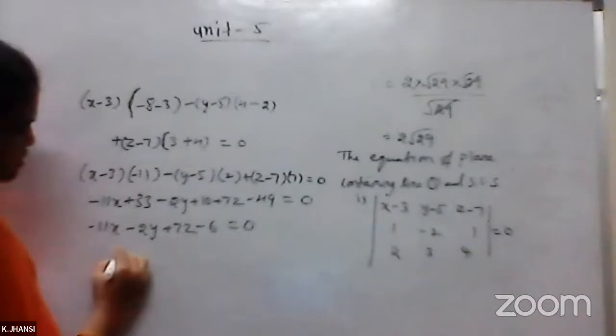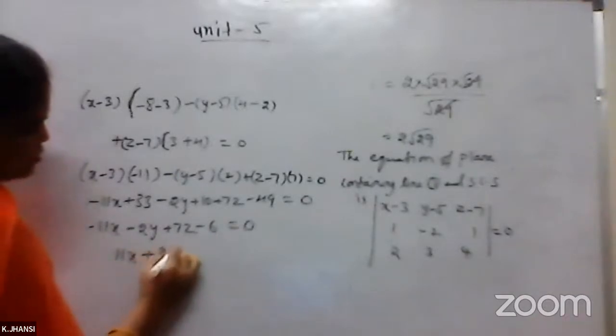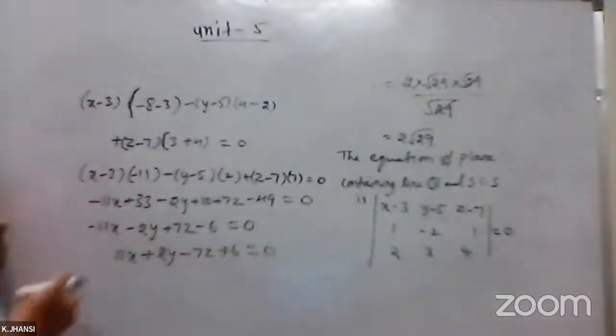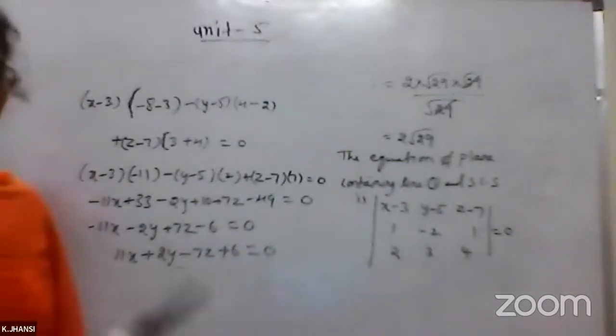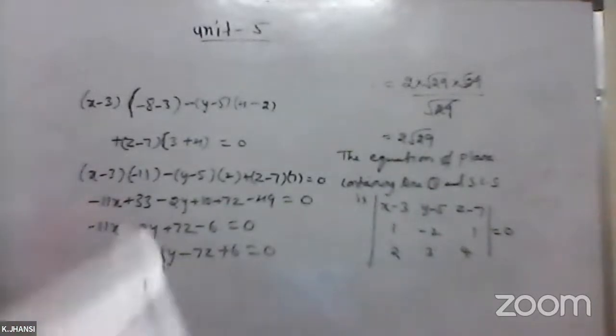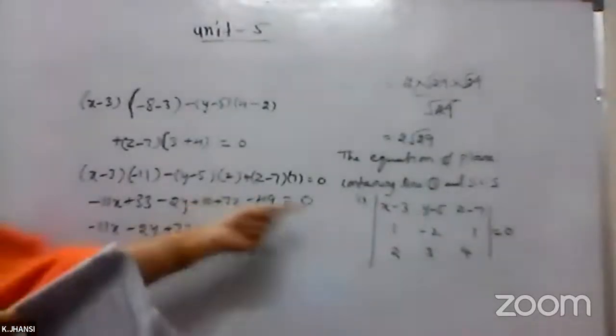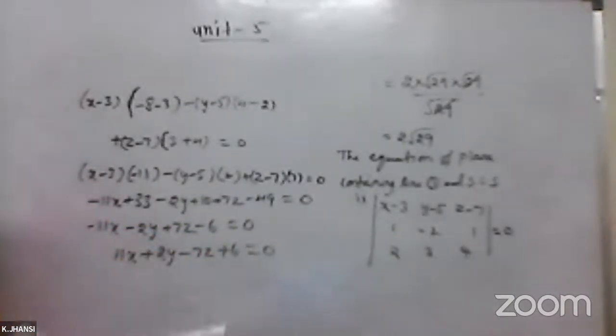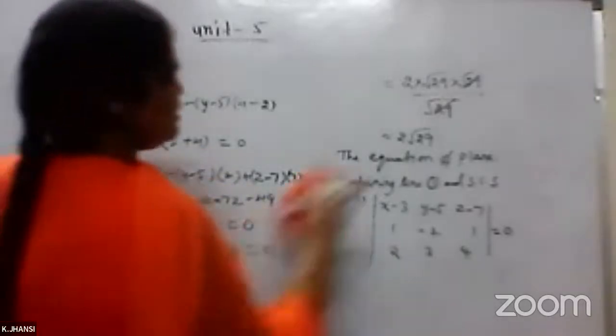If you take out minus common, 11x plus 2y minus 7z plus 6 equals 0. This is the equation of the plane containing line 1 and also the shortest line segment. So this is the first plane equation. Similarly, you have to find the second plane equation.